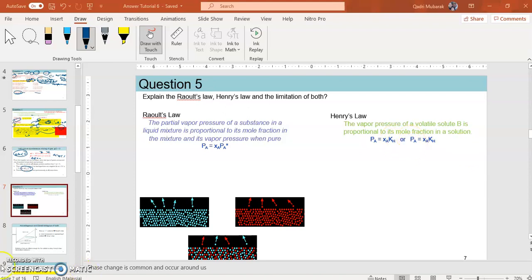This is the definition of Henry's law, where the concentration of species B equals the pressure of B over the Henry constant.